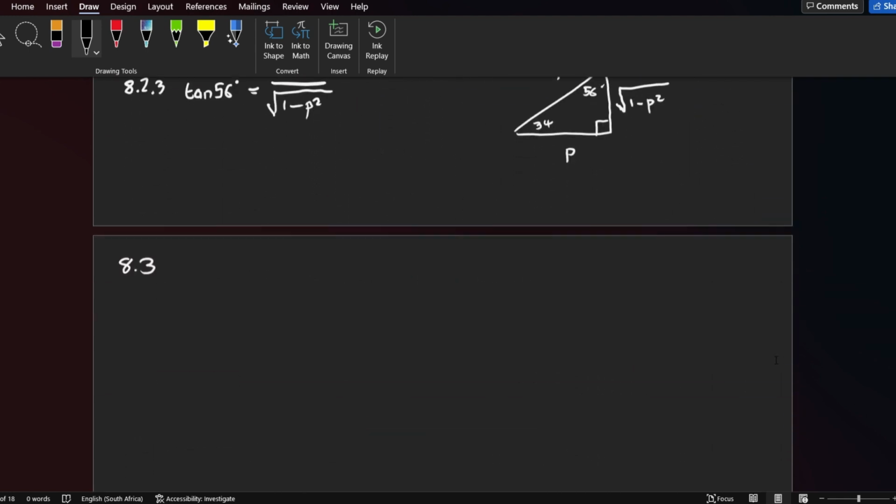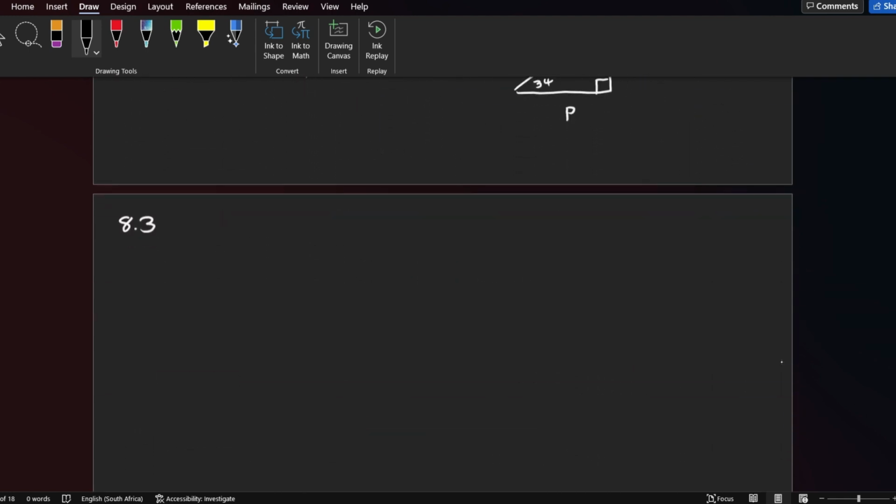Let us just write that down first: cos 350 multiplied by sine 40 minus cos 440 multiplied by cos 40.